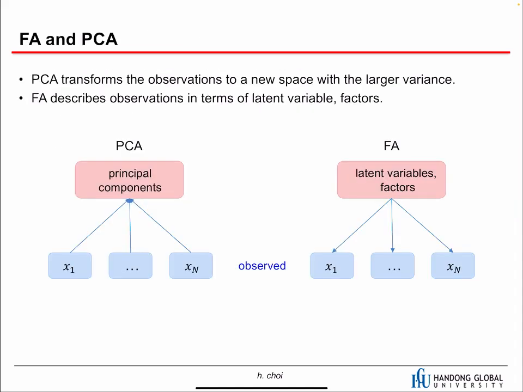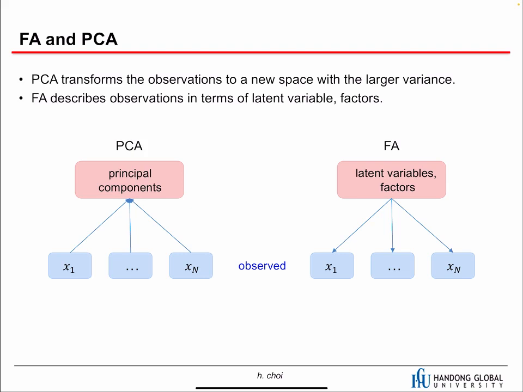If we compare PCA and FA, they are basically doing the same thing, but they have different interpretations. PCA transforms the observations to a new space with a large variance. That's what PCA does. FA describes observations in terms of latent variable factors.